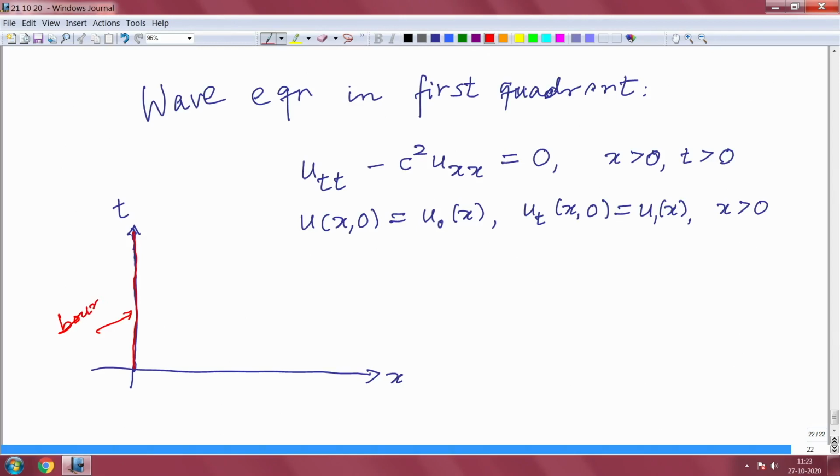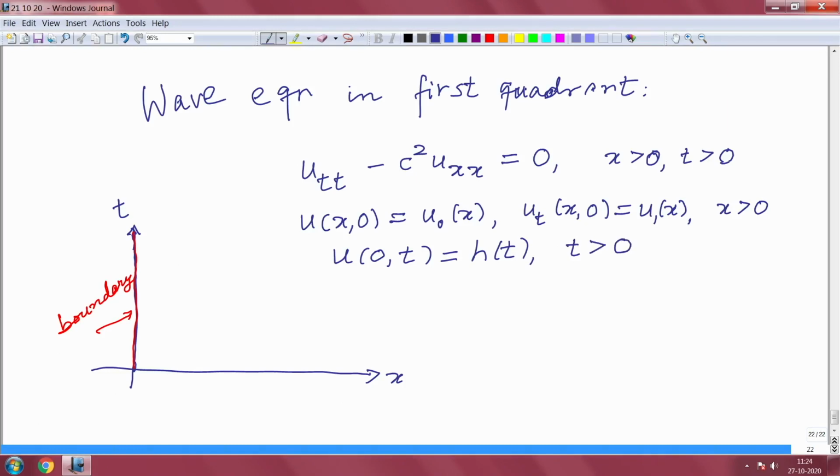The boundary is the t axis, that is x equal to 0. So, we have to provide some conditions on the boundary. For simplicity, let me begin with u at x equal to 0, t, equal to h of t, and t positive.